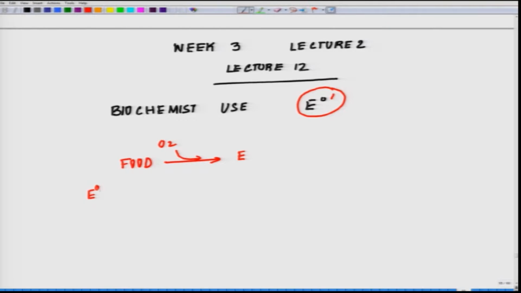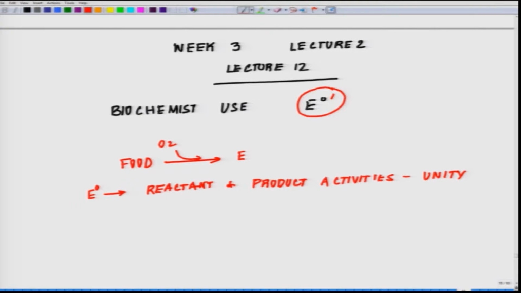Whenever we calculate E0, we assume the reactant and product activities are unity. This is our assumption.